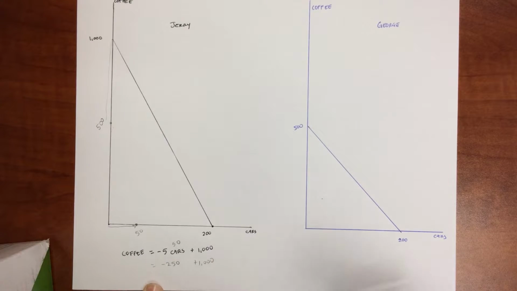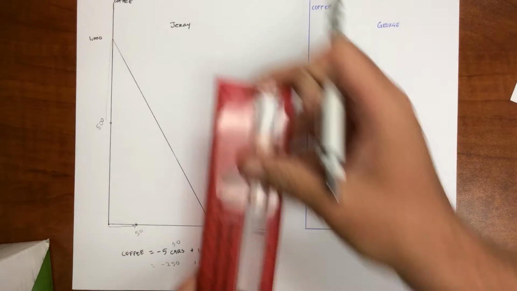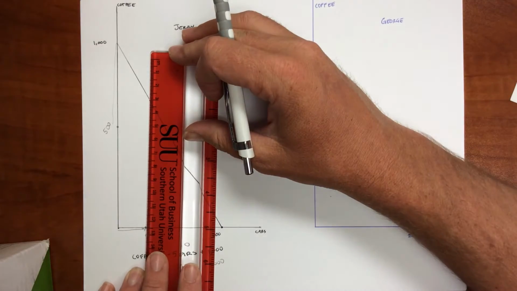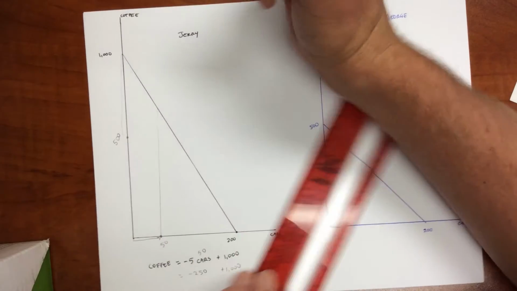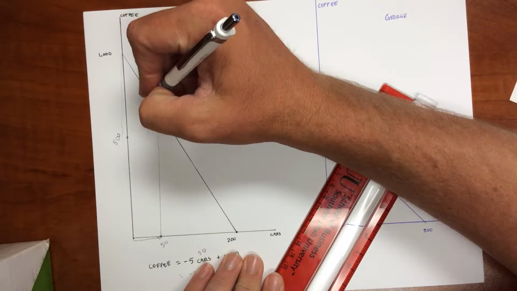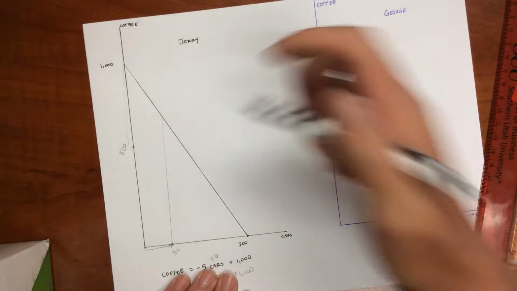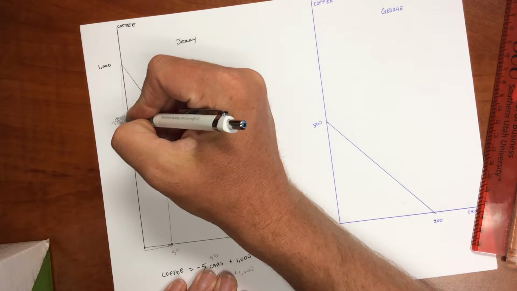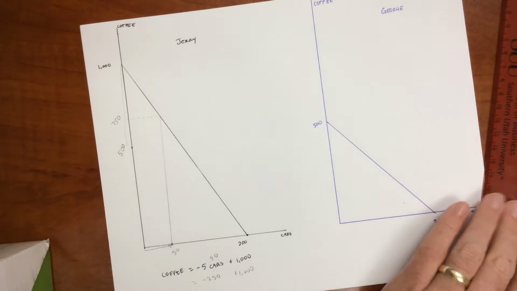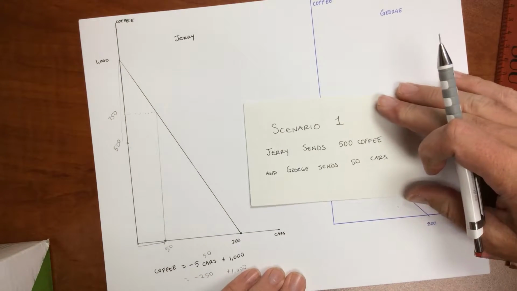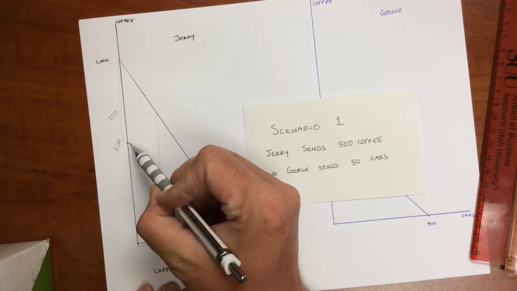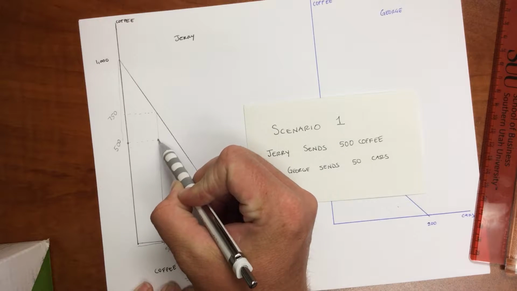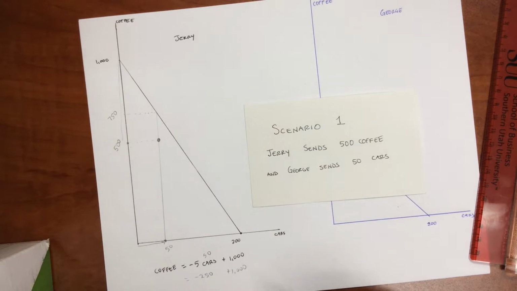Well, that's 750. So the point on the PPF is going to be way up here. Here's 750. So if we look at scenario 1, where Jerry sends 500 cups of coffee and George sends 50 cars, well, that would be at this point here.